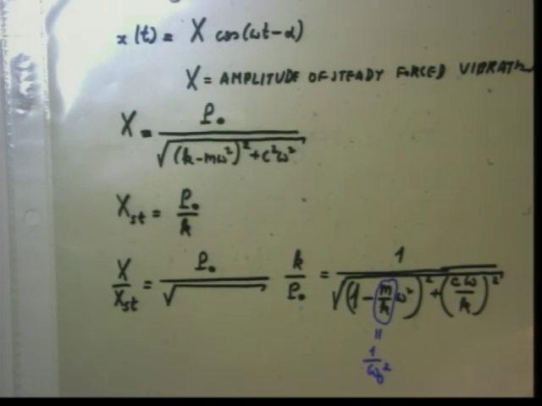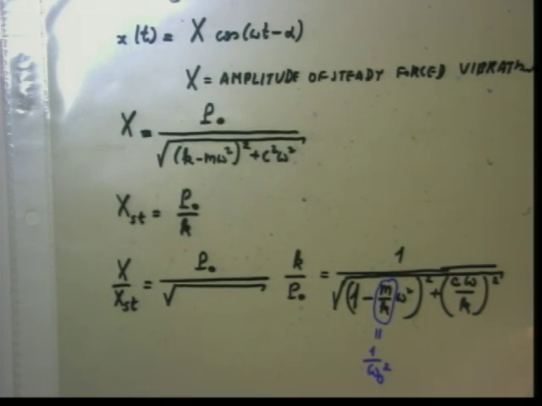So then we can calculate x over x static. X over x static is P0 divided by the square root, and then divided by x static, or multiplied by the opposite, K over P sub 0. So then P sub 0 is gone.